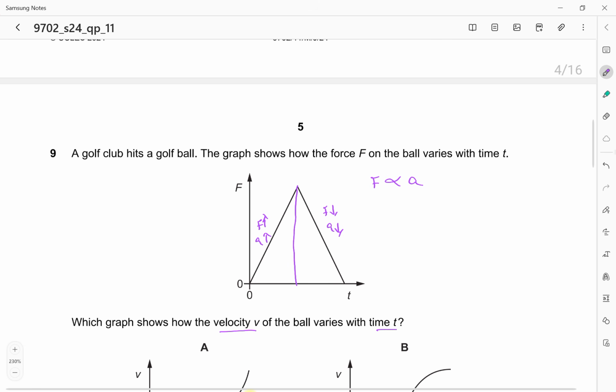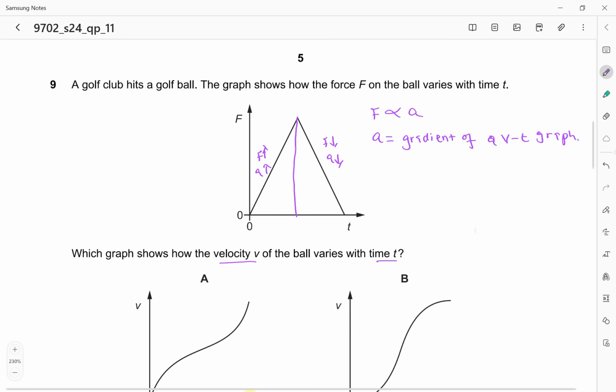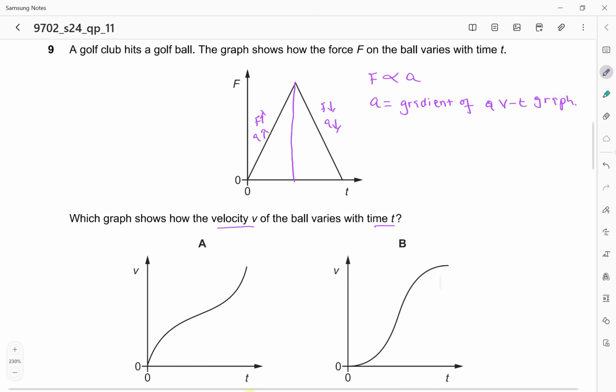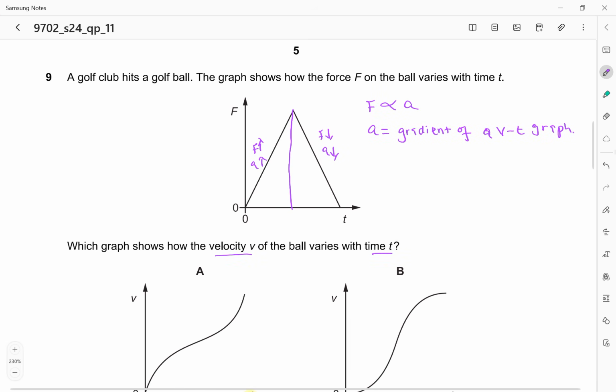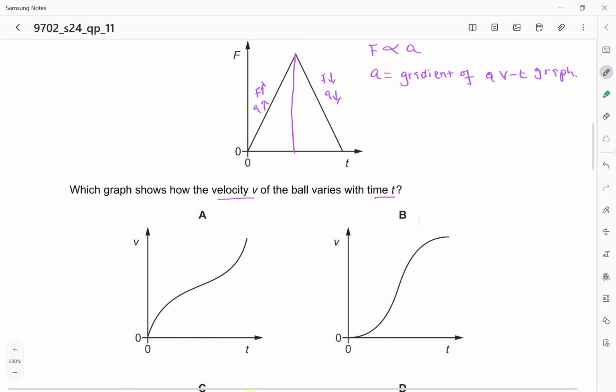And remember, acceleration is equal to the gradient of a velocity time graph. Here we have been given velocity time graphs, so we should check for a point where the gradient increases and then it decreases.